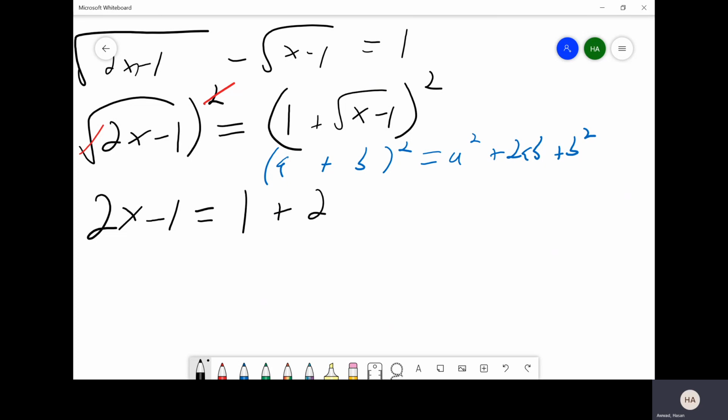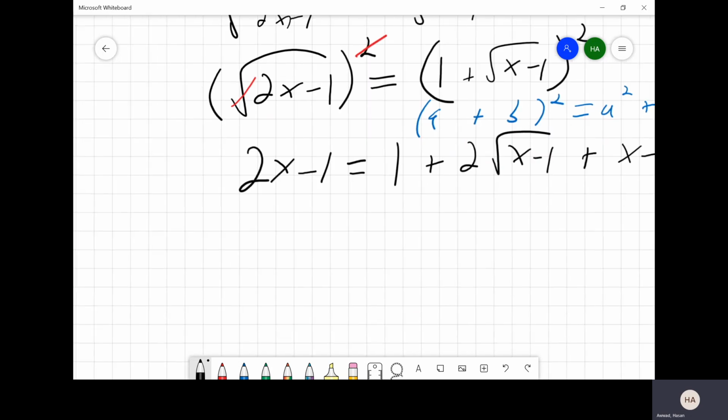So plus 2 times, and b is going to be that whole piece underneath that radical, including the radical. So plus 2 times the square root of x minus 1. And then plus b squared. And b squared is the radical of x minus 1, right? So what's happening? Well, it's just going to cancel out the square root and the square. So we're just left with plus x minus 1.